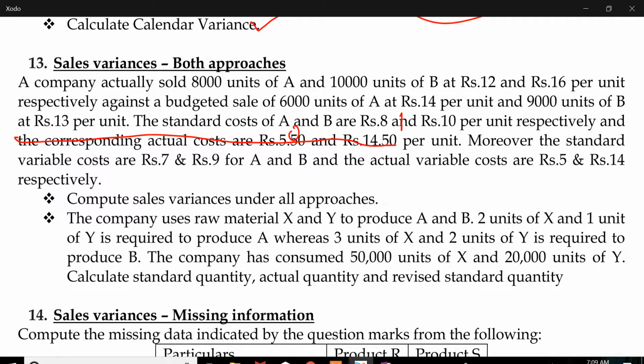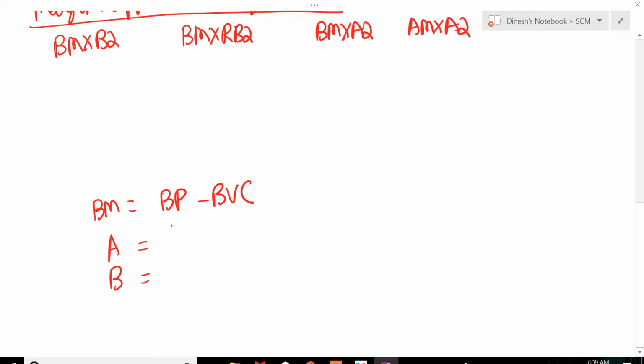The budgeted price is 14, 13 and the variable costs are 7, 9. So 14 and 13 minus 7 and 9. Any doubts on BM? 14, 13, 7 and 9.